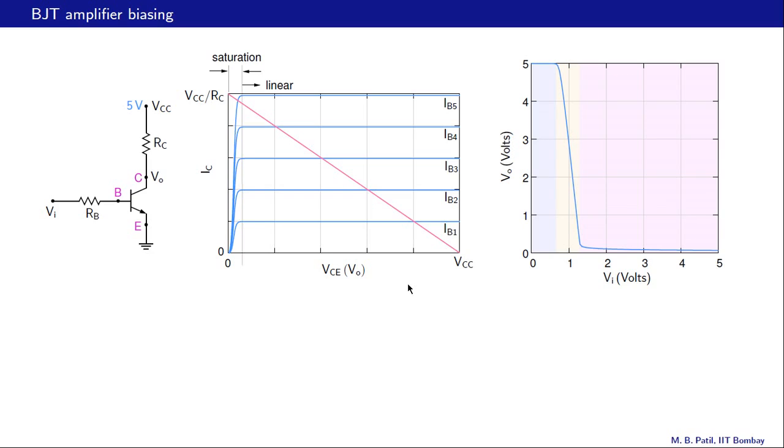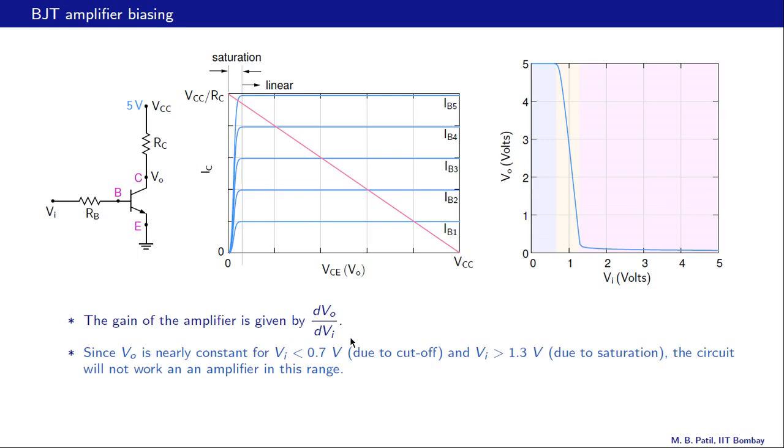For this circuit to function as an amplifier, what we need is a large enough gain, which is given by dVO/dVI, that is the slope of this VO versus VI curve. And it's clear that the slope is maximum somewhere here in magnitude.